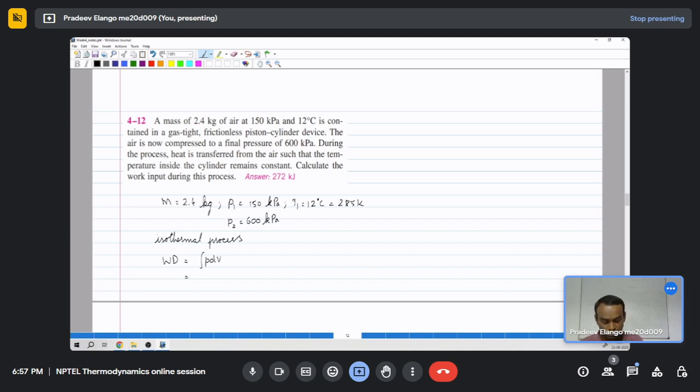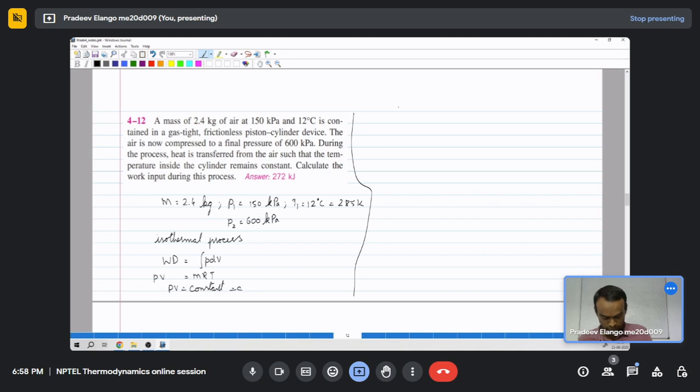So we can find an expression of pressure as a function of volume, right? We know PV equal to RT. Since T is constant, we know PV is equal to constant, or I will write C.